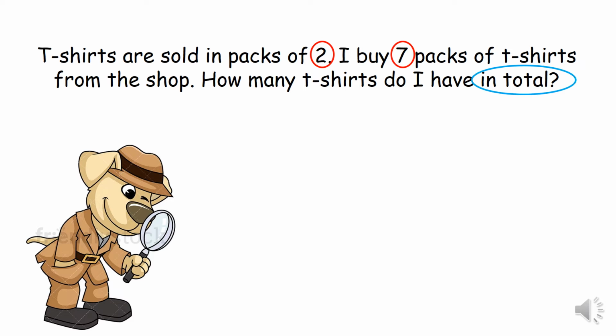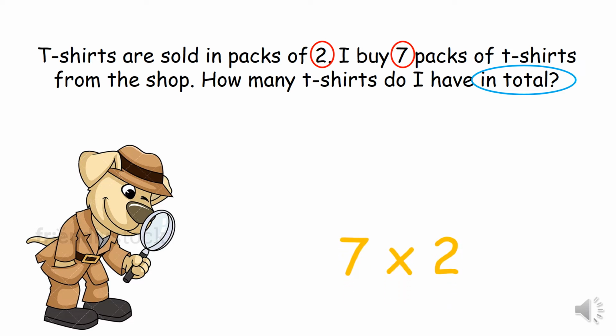I've spotted in total. Now, in total means that we're going to be combining amounts to help us work this out. So T-shirts are sold in packs of 2. So that means there's 2 T-shirts in a packet. That's a pair. And we're buying 7 packs. We need to work out how many there are altogether in total.